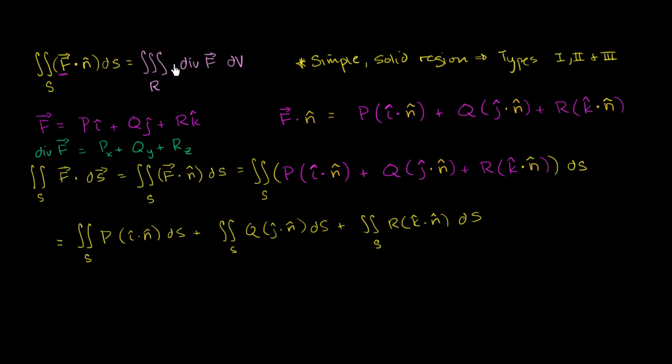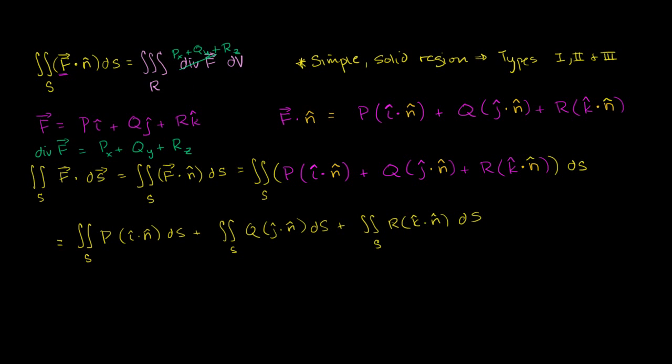So this triple integral right over here could be written as the triple integral of the partial of P with respect to x, plus the partial of Q with respect to y, plus the partial of R with respect to z. Well, once again, instead of writing it as the triple integral of this sum, we could write it as the sum of triple integrals.